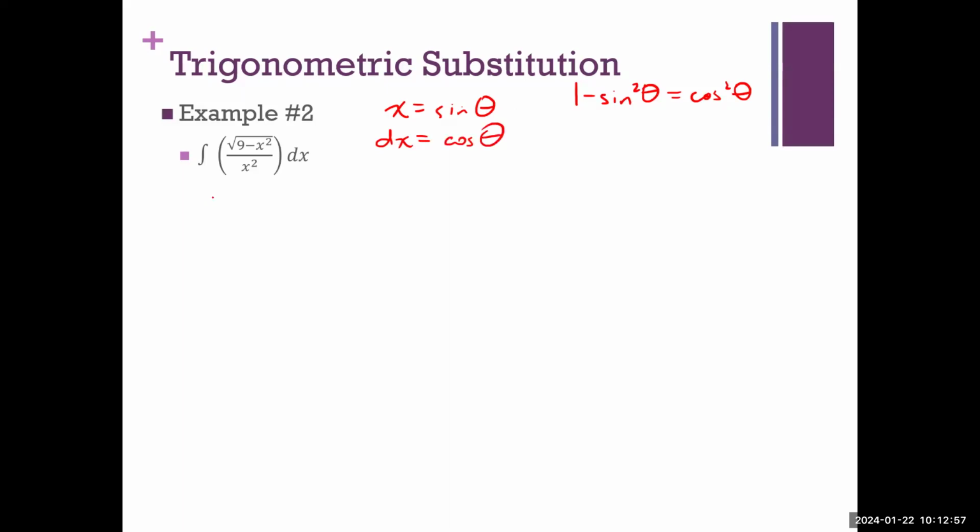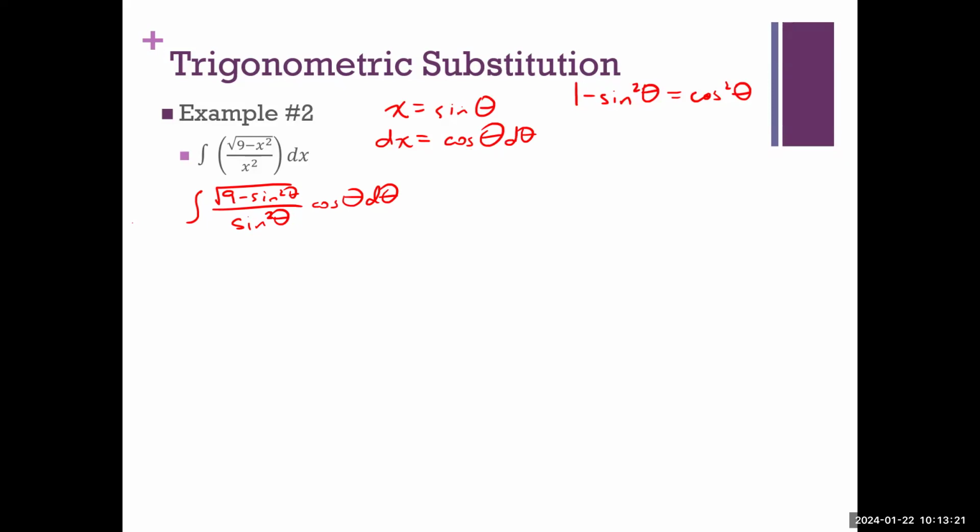Cosine theta. So what happens if I apply that substitution here? I get 9 minus sine squared theta over sine squared theta times cosine of theta d theta.